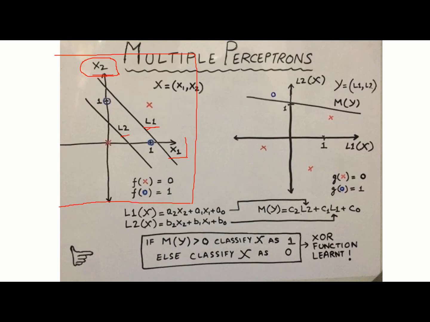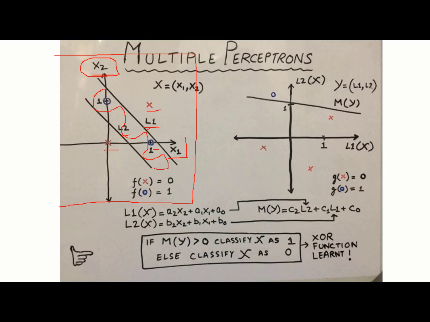In some sense, we define the space between the two perceptrons L1 and L2 to be containing the data points of one type of label, such as blue circles. And this space is separating them from the red crosses, which have different labels.